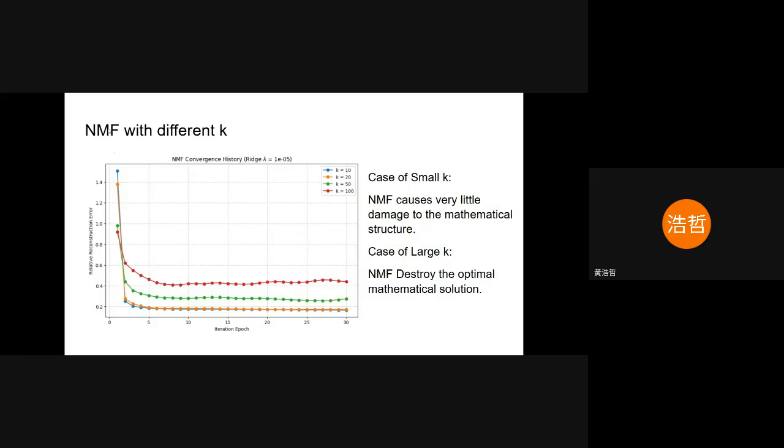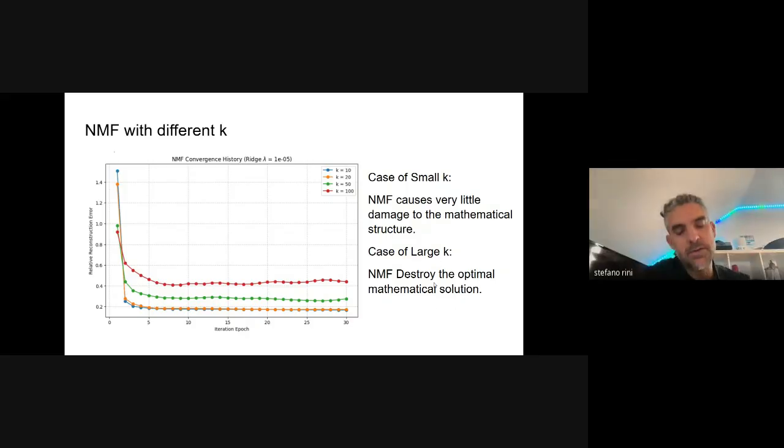So you do an NMF with a lot of negative values, and it will destroy the orthogonality.